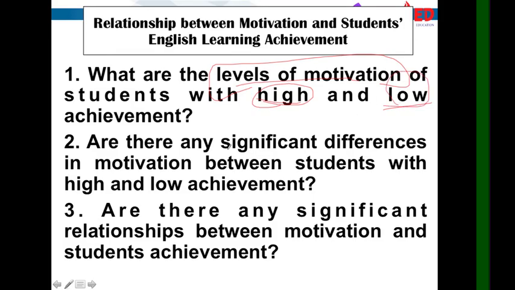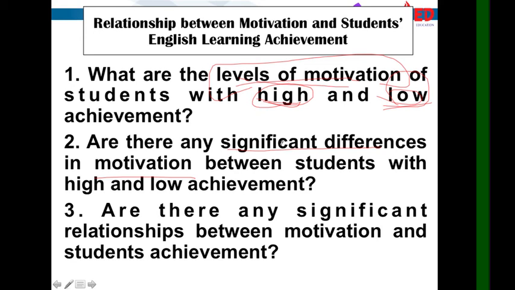After getting them, tinignan niya kung meron bang significant difference yung motivation na yon ng mga high and low achievers. Okay? Na kapag sabihin na natin mataas, okay? Mataas ang level ng motivation ng mga high achievers kaysa sa mga low achievers. Ngayon, titingnan natin kung may difference yung dalawa. At pwede natin makita doon.